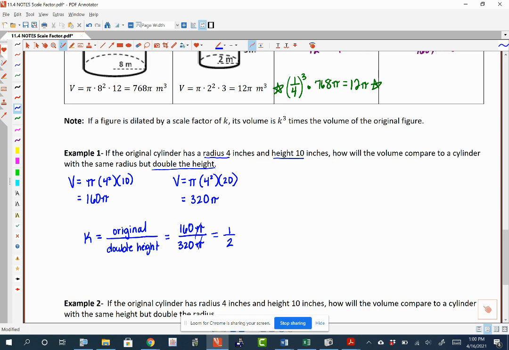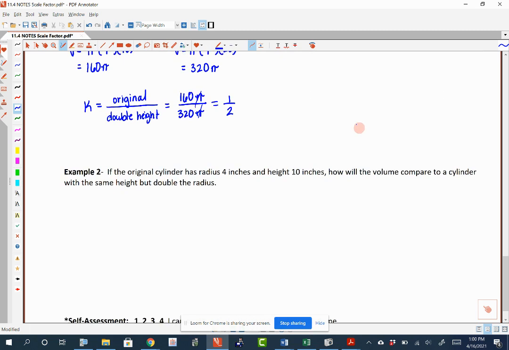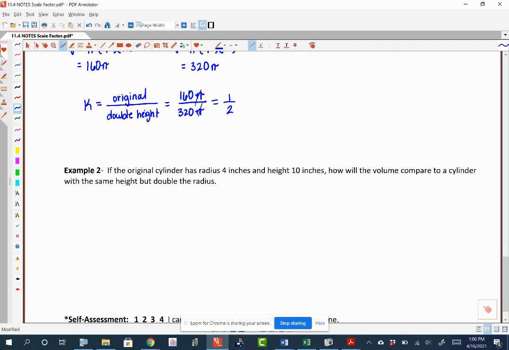Let's go ahead and look at example 2. If the original cylinder has a radius of 4 inches and a height of 10 inches, how will the volume compare to a cylinder with the same height but double the radius? So similar idea, we're looking at that old, which is still pi times the radius squared times that height, so still 160 pi.